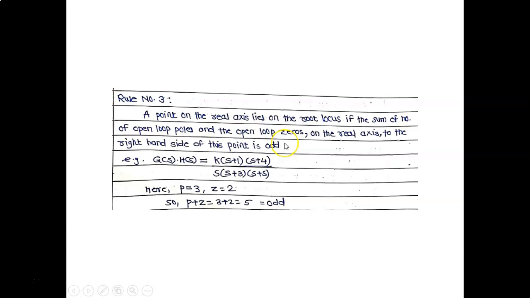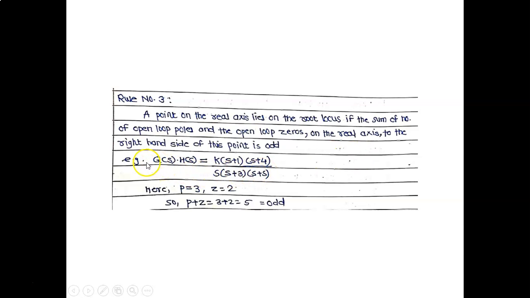Therefore a point on the real axis lies on the root locus if the sum of the number of open loop poles and the number of open loop zeros to the right side of that point is an odd number, then we can say that root locus lies in between those points. If that summation is even, then no root locus lies in that region.